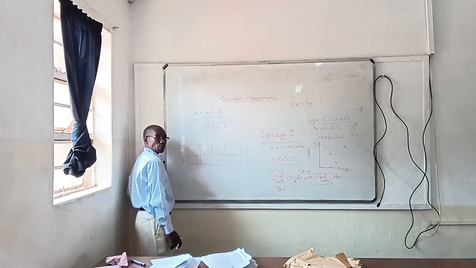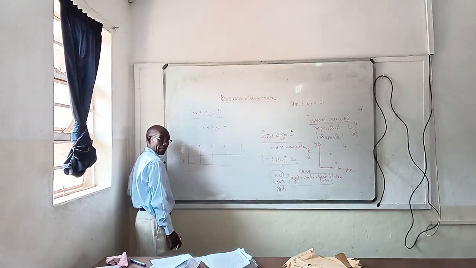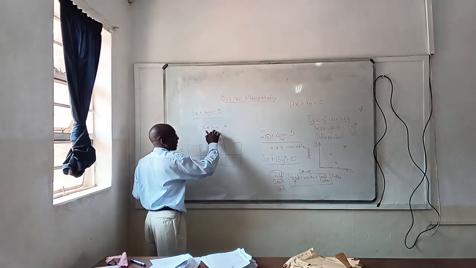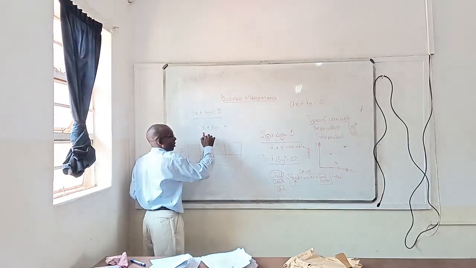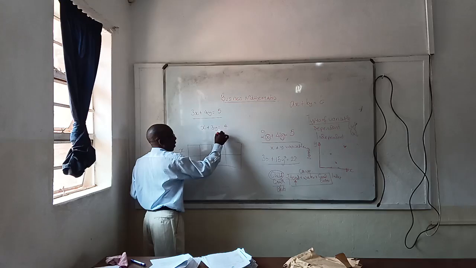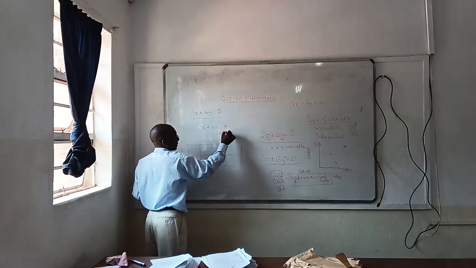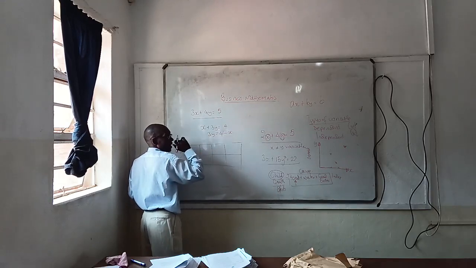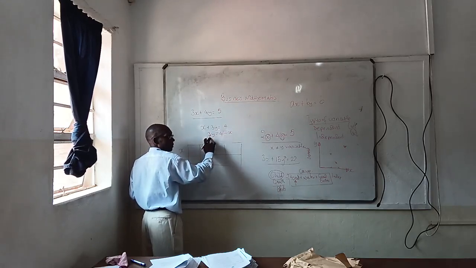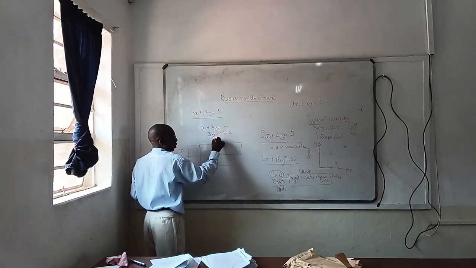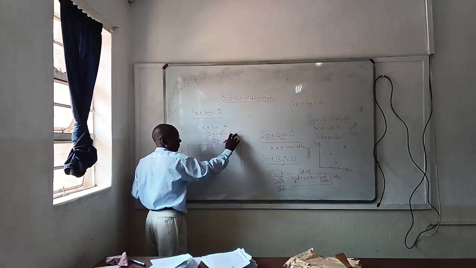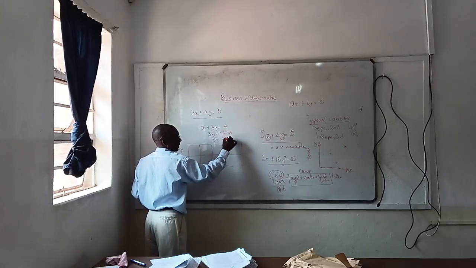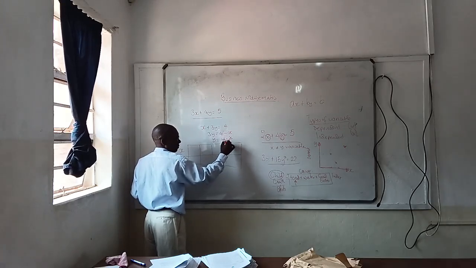I'm saying, okay, let's make y the subject of the formula. So it is 4 minus x here, 3y, so 1 y. Then divide both sides by 3. So y is equal to 4 minus x over 3.